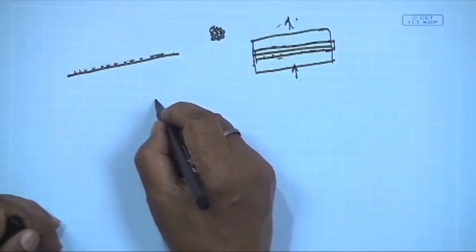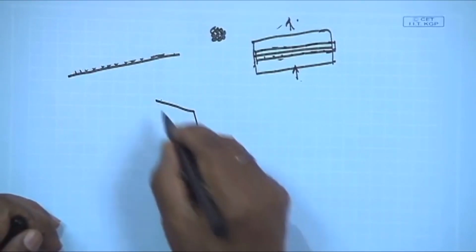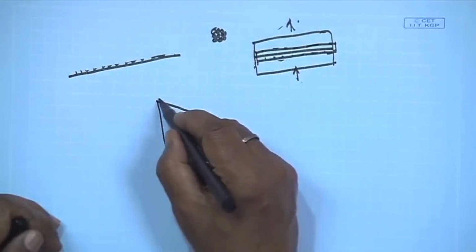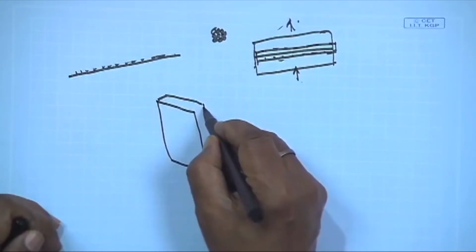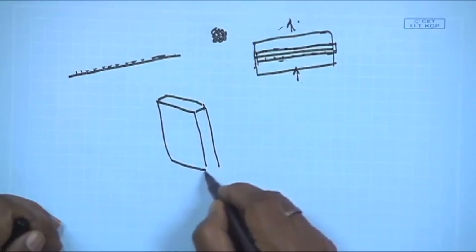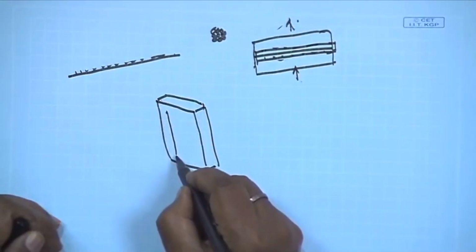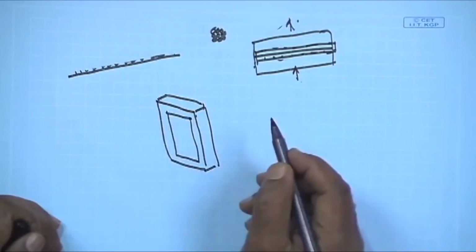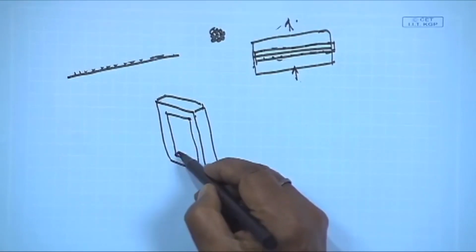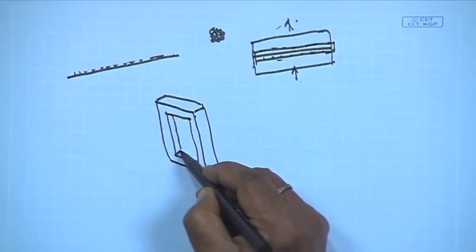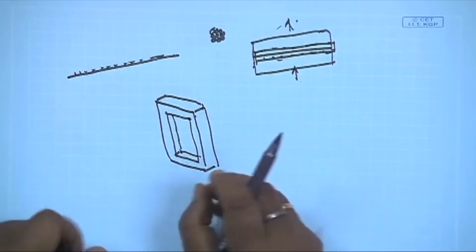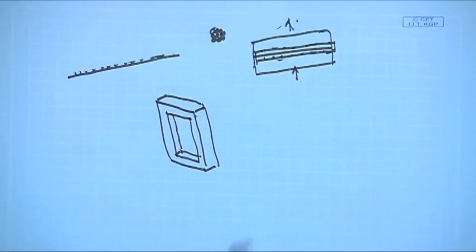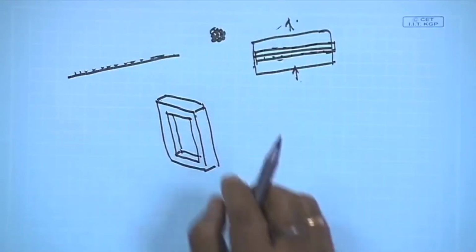Frame, we understand, is what we have in our door. In the door we have a wooden frame like this. So we can see how a frame looks.